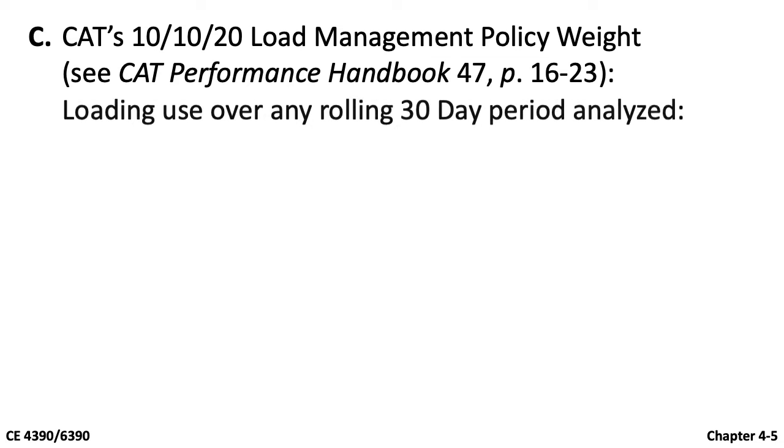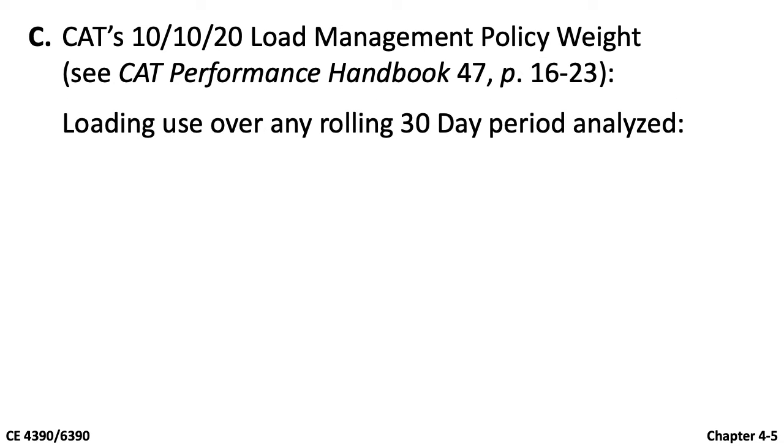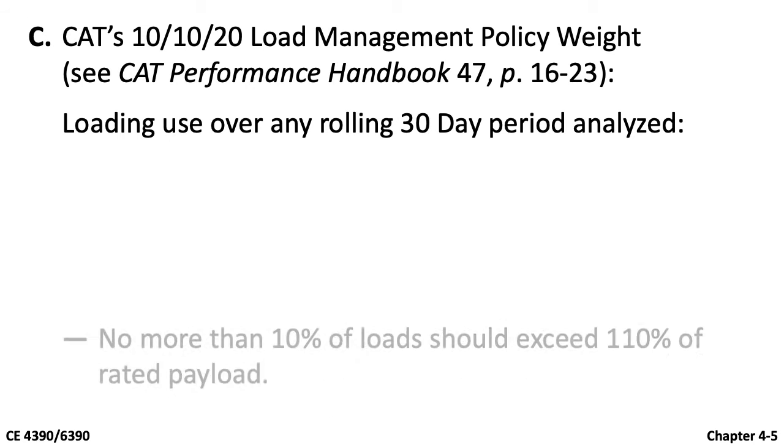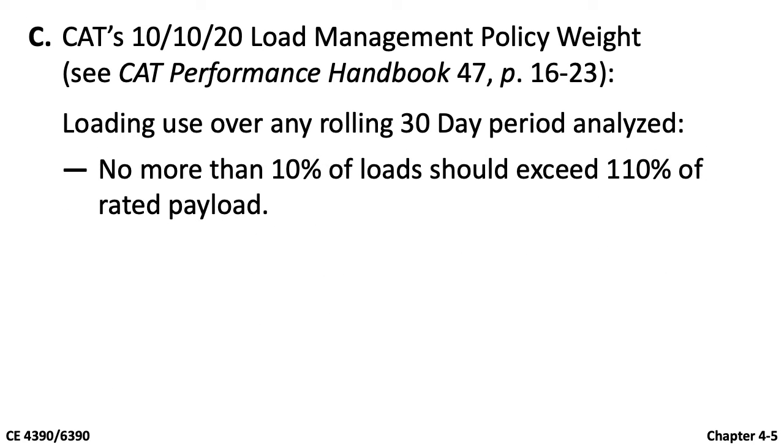Here I list some typical requirements within any 30-day period in which the truck is used. No more than 10% of loads should exceed 110% of the rated payload. It means sometimes you can overload the equipment, but it shouldn't be too often.